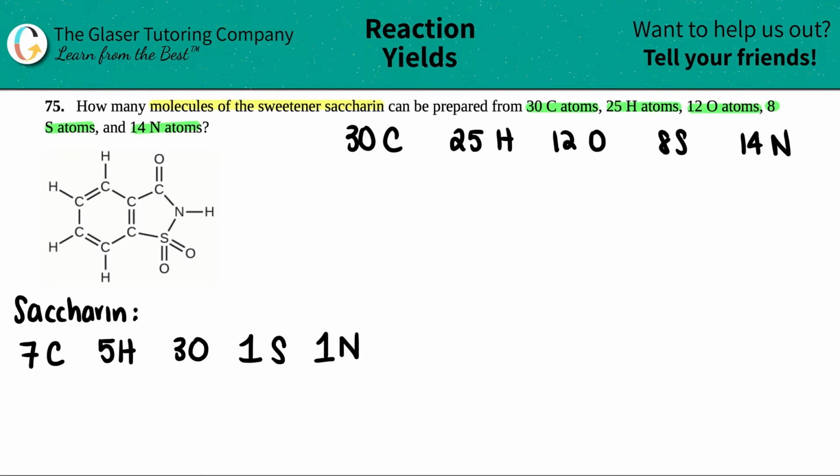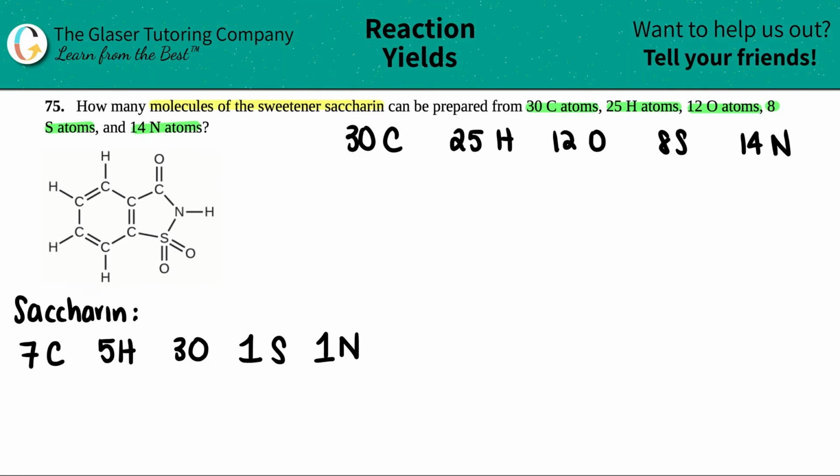Now we want to find out how many molecules we can make. Well, if these are all the requirements to make 1 molecule of saccharin, I would have to subtract all of this from what I have. So let's give it a go.